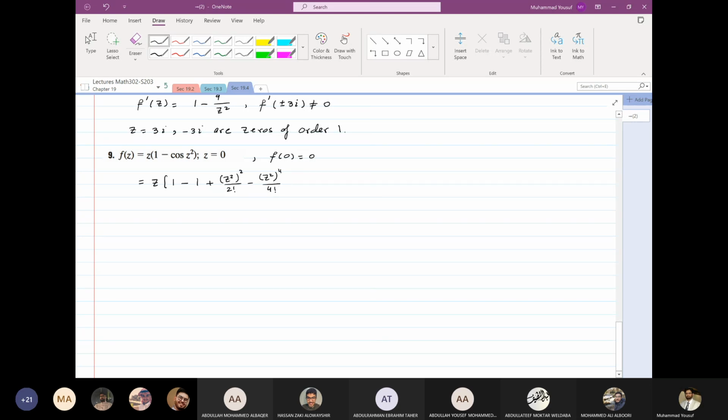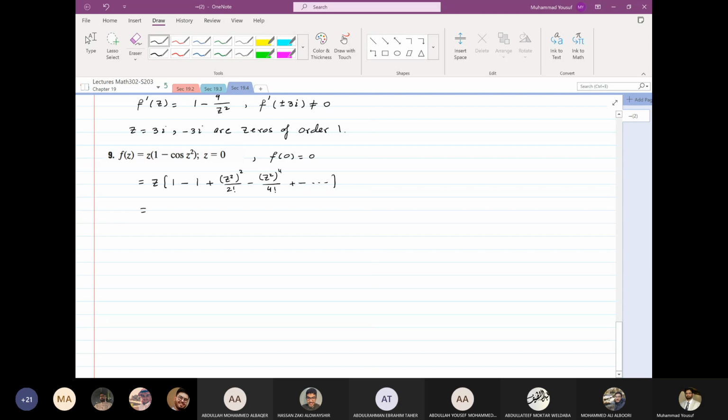Actually, it is 1 minus z square over 2 factorial plus z power 4 over 4 factorial. Since we have a minus outside, it becomes minus, plus, minus, plus, and so on.